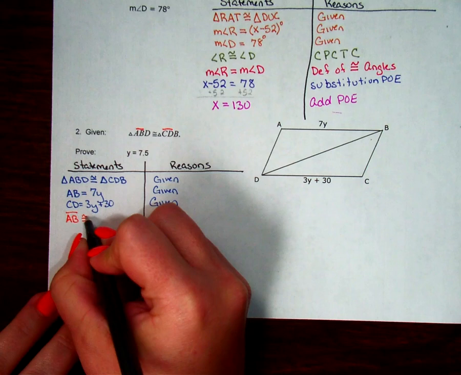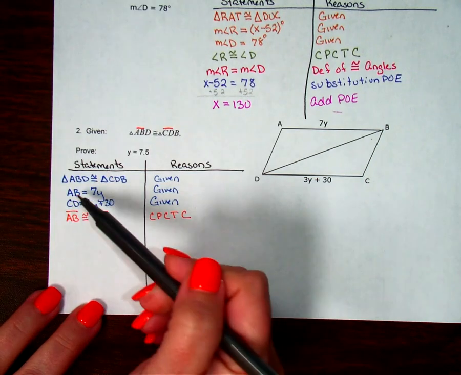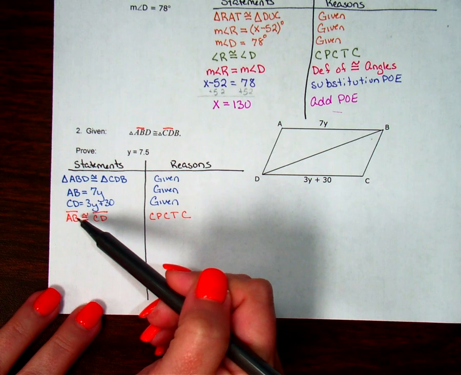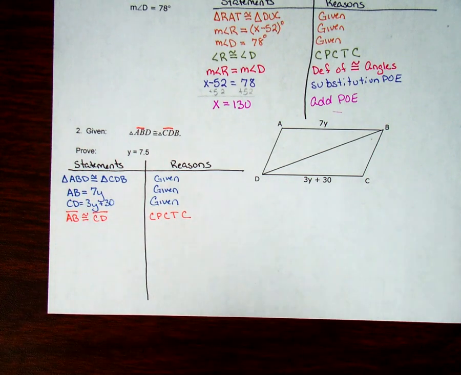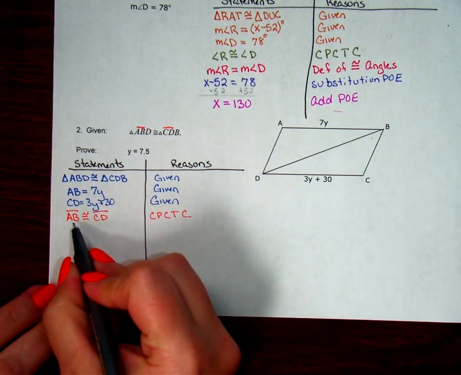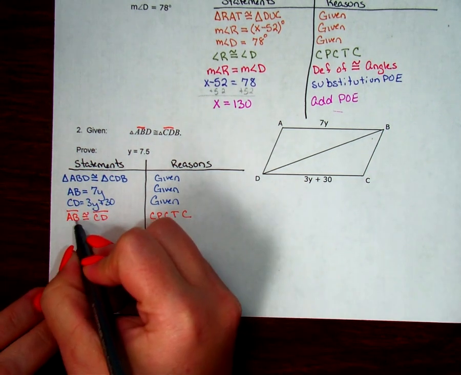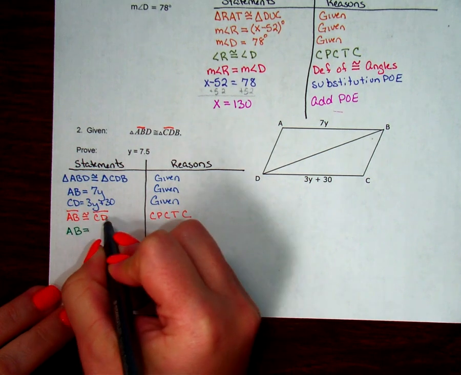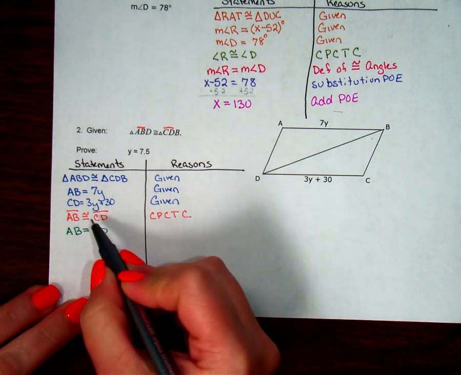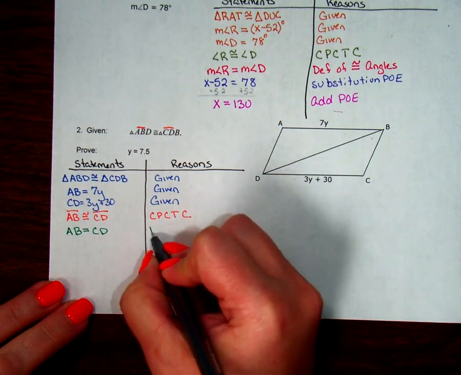Okay, and then just like the last one, I can't plug in AB for segment AB, and I can't plug in CD for segment CD. But I know the definition of congruent means that congruent figures or congruent things have equal measures. So if I have congruent segments, then I can say the distance from A to B is equal to the distance from C to D using the definition of congruence.